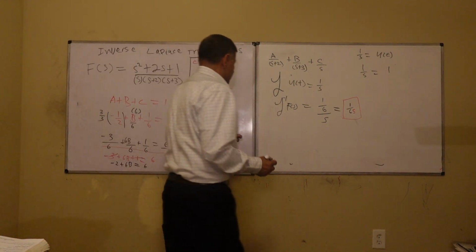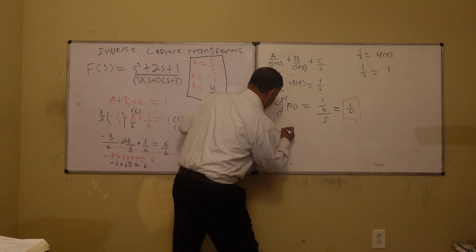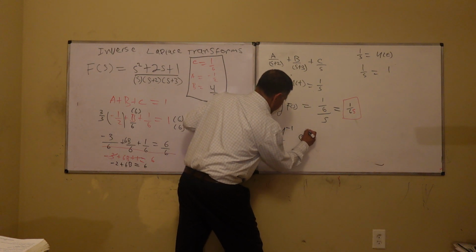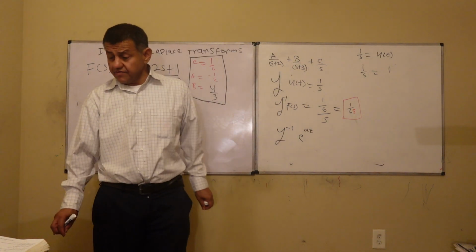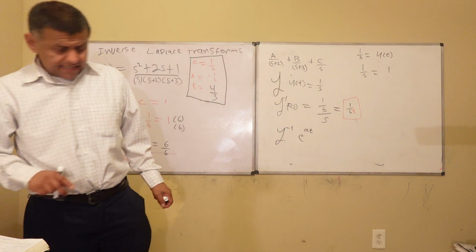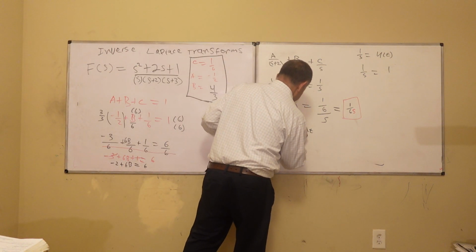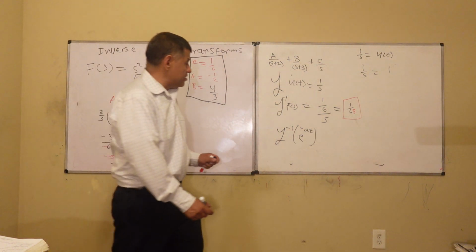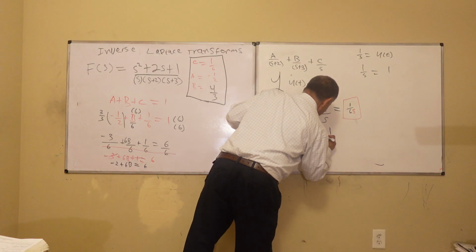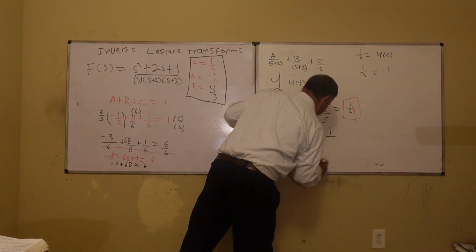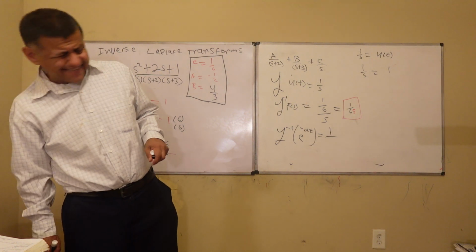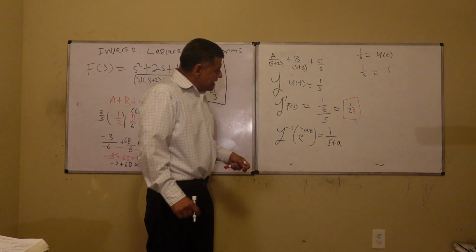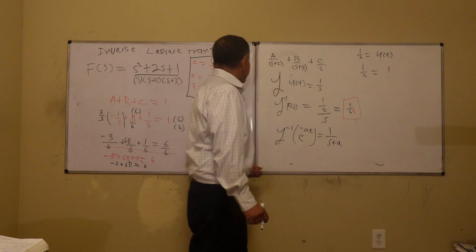So the inverse Laplace transform of 1 over s plus a, where a is a constant, is e to the negative at. In this case, what was my a?